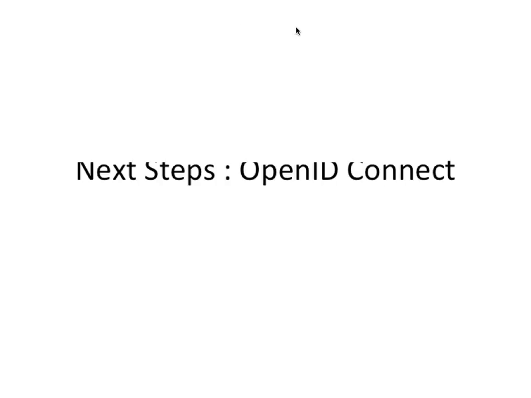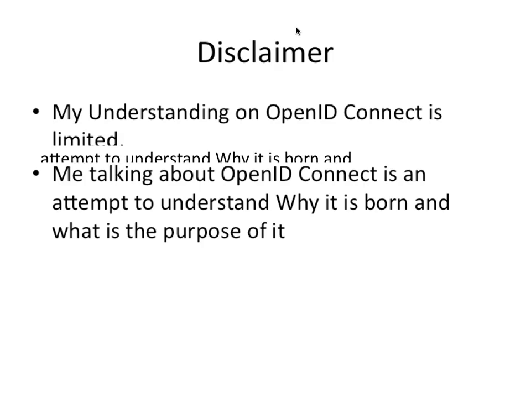Okay. Next steps. So OpenID 1 came into picture, 1.1 came into picture, 2.0 came into picture. In 2.0, I won't go there, nothing much changed. And then people realized that OpenID needs some more things, and OAuth is getting more popular.